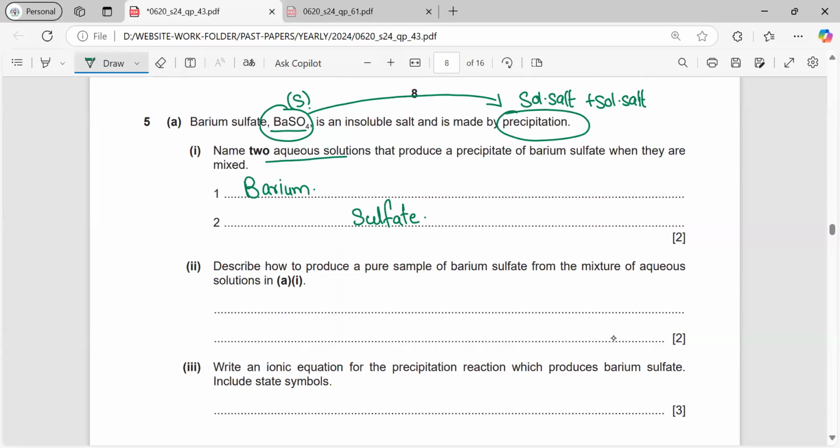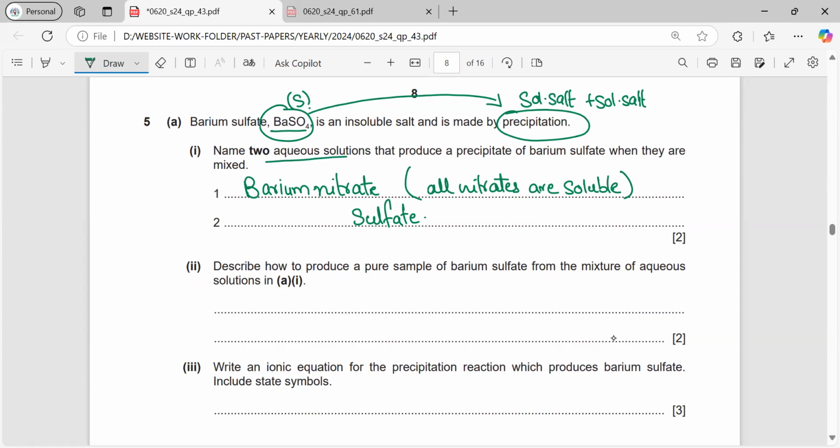For the one which contains barium, we can write barium nitrate. Why can we write this? Because all nitrates are soluble. So we can easily write nitrate with any metal if this type of question is asked.